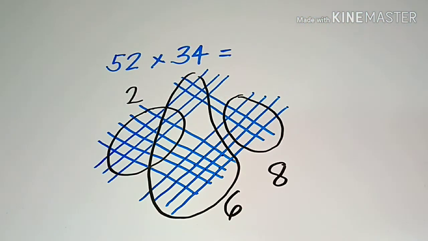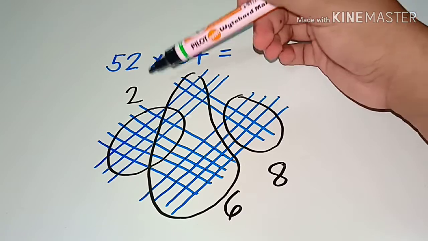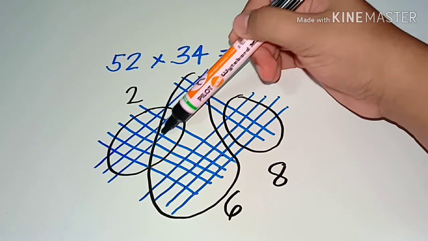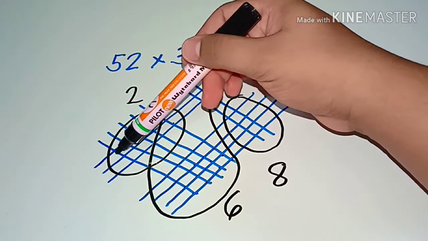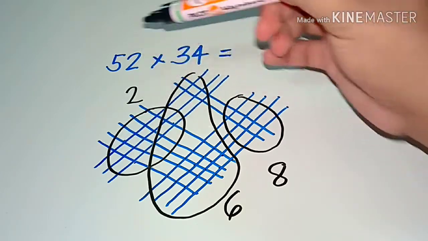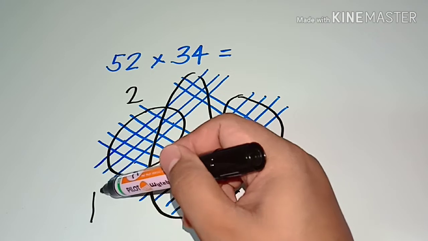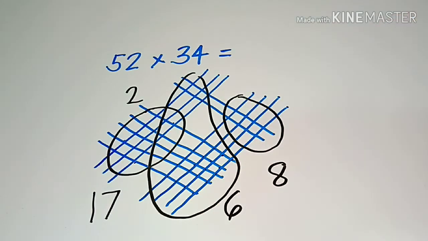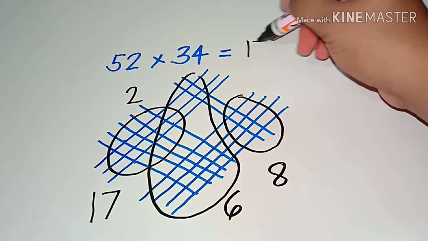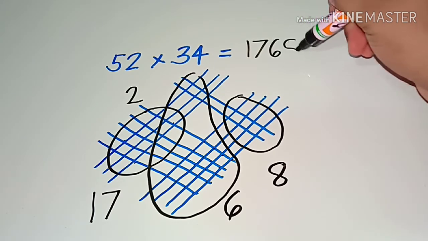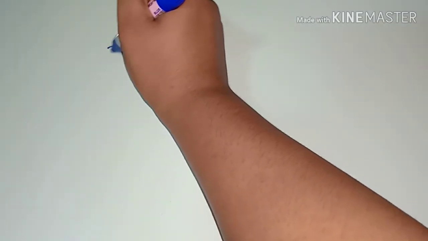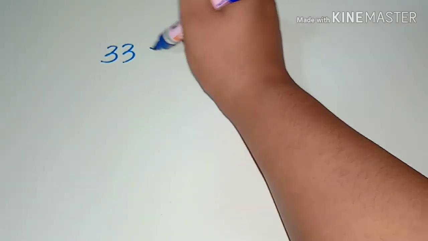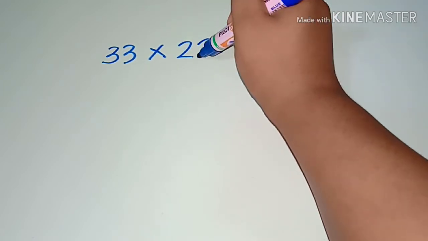Then put 2 on the next place, and then count 1, 2, 3, up to 15, plus 2 is 17. So that means 52 times 34 is equal to 1,768.